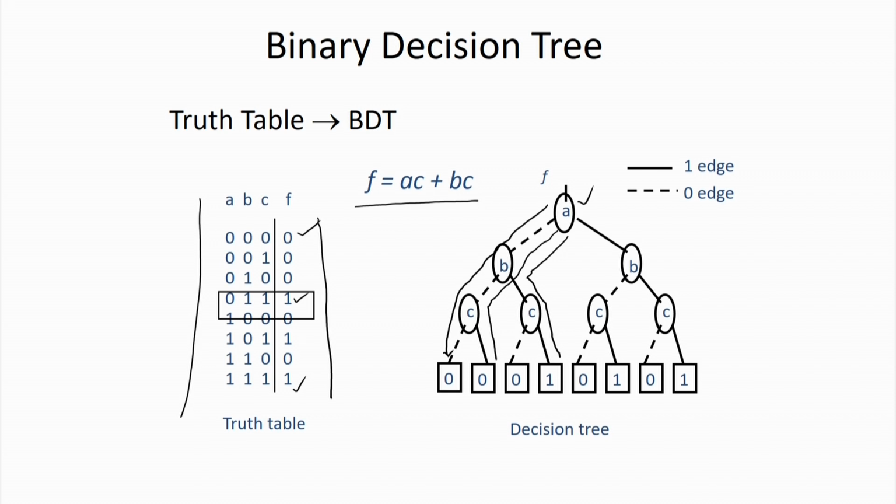Similarly, if I look into this particular BDT, if I am working with 3 variables, then I am having 3 levels of non-terminal nodes, because you have to see whether these are zeros or 1. Now, if I have one more variable, I am going to get one more level of non-terminal nodes, and after that the terminal nodes.